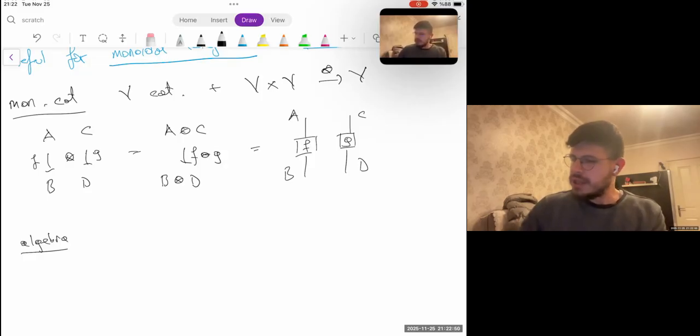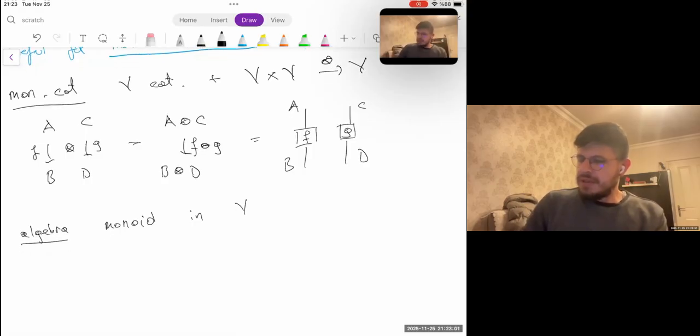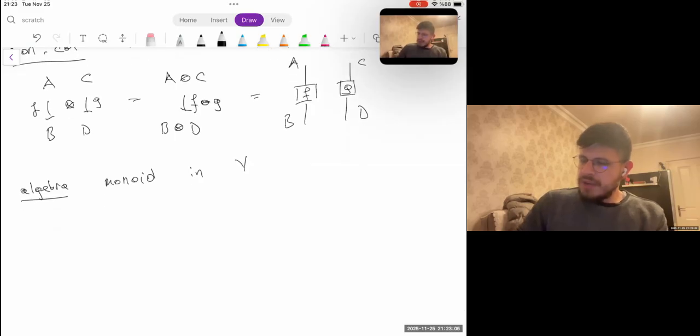So consider, for instance, the notion of monoid in a monoidal category V. Ideally, what we want, and I will draw this in string diagrammatic form, is that we have a multiplication operation.